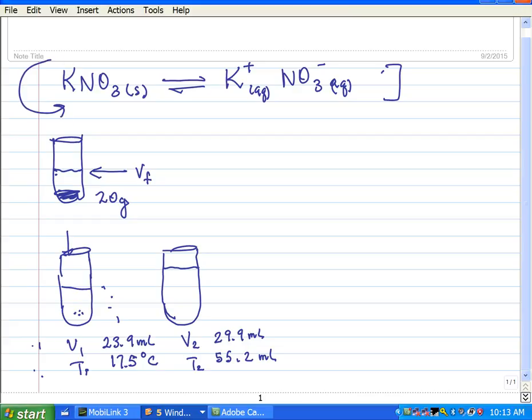So in each case, we can calculate the starting concentration of potassium nitrate, right? Because the paper told you that you're weighing out 20 grams and you measure the volume in each case, right?